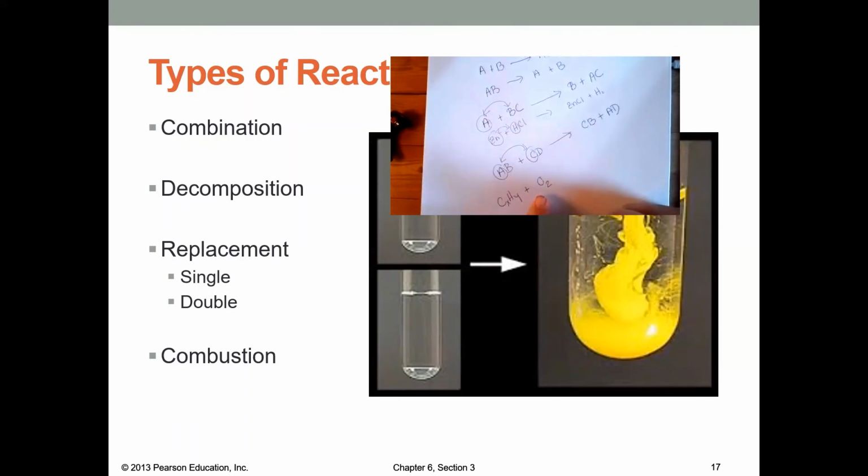I'm going to have oxygen added to it, and it is going to combust and burn and break down into carbon dioxide, water, and some form of energy. And anytime you see energy, it could be in the form of kilojoules or calories or something like that. So whenever we see a carbon-based compound in the presence of oxygen and it breaks down and the products are carbon dioxide and water, it's always combustion.